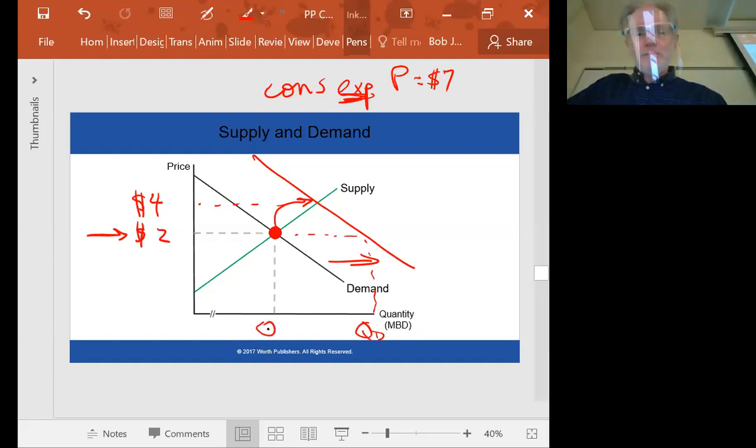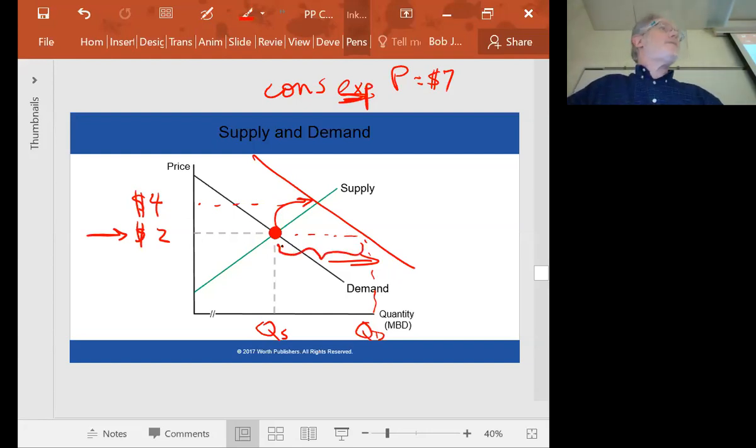Producers are willing to supply this much smaller quantity. If the government keeps the price down, then the government is preventing the price mechanism from functioning, and the government is causing a shortage. The shortage is not caused by the hurricane. The shortage is caused by the government, and the amount of the shortage would be that gap.